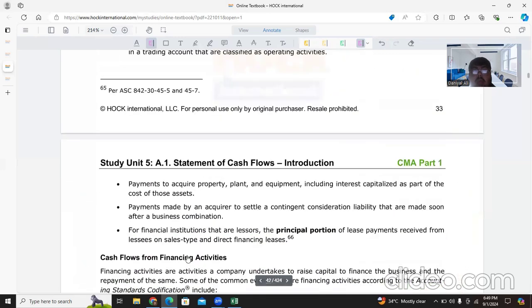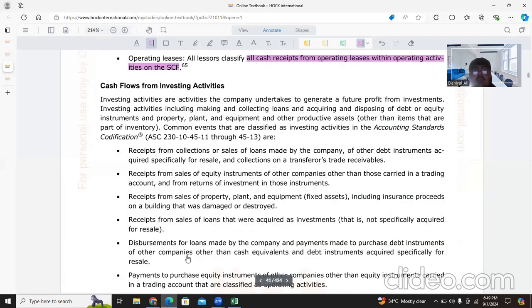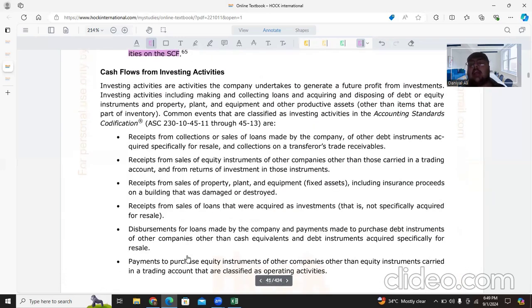If I go to see our list of investing activities, that is the cash flow from investing activities. Investing activities are the activities that a company undertakes to generate future profits from investments. Investing activities include making and collecting loans, purchases of debt instruments, purchases of equity instruments, property, plant and equipment purchases, other asset purchases other than the items that are part of inventory.